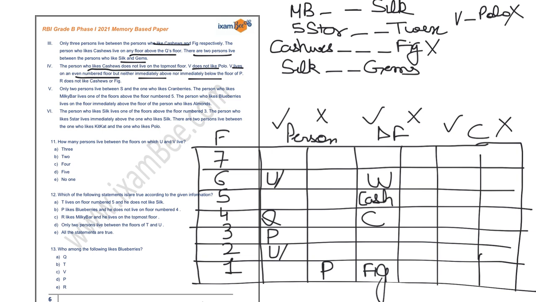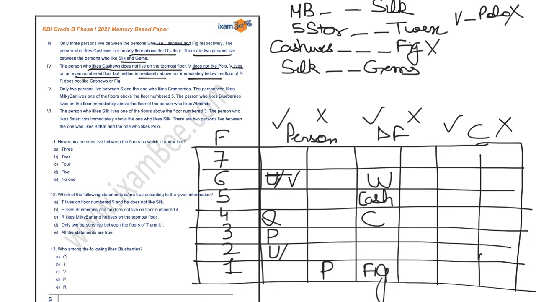So the only possibility for V is the 6th floor. So I'm crossing U over here because V will live over here and U will live on the 2nd floor, because now we are sure that V is on the 6th floor and U on the 2nd floor.